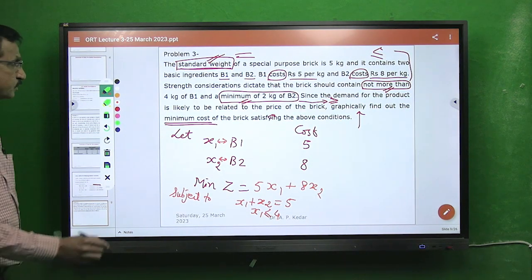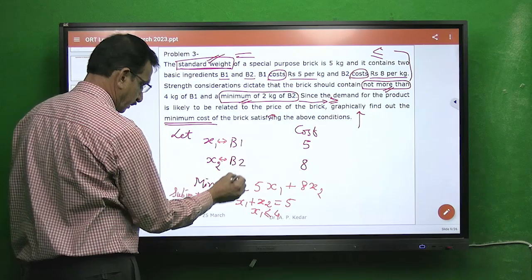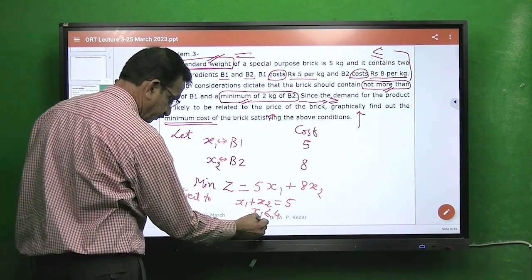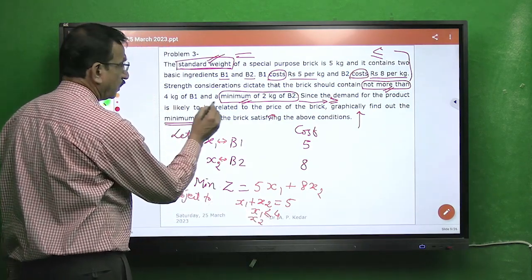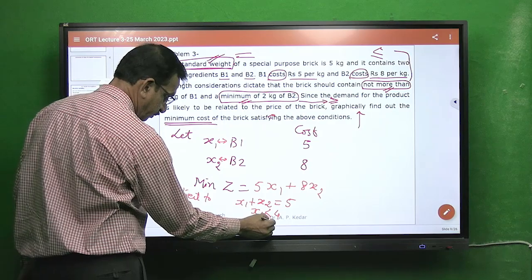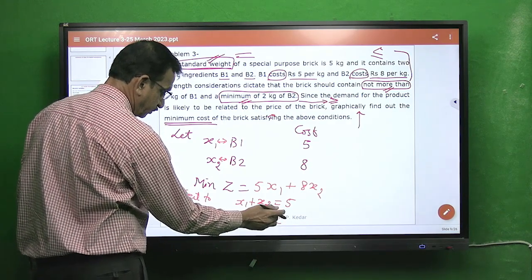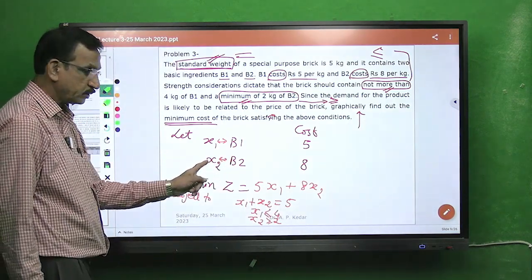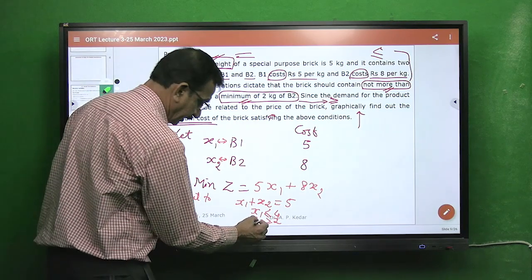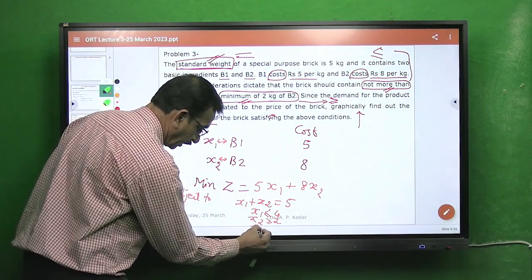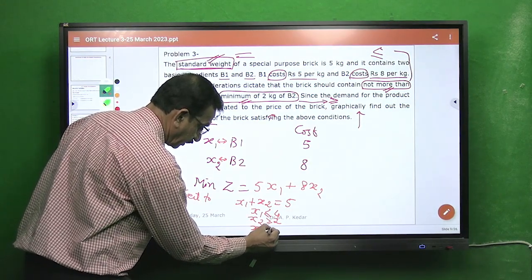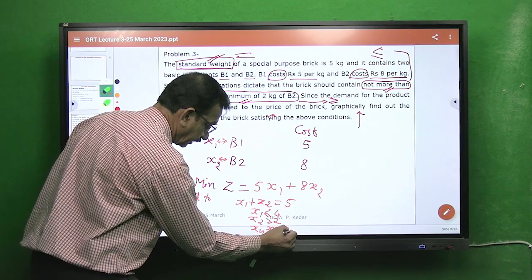Clear? Similarly, x2 minimum 2. B2 is x2, minimum 2, and last is x1, x2 greater than or equal to 0.